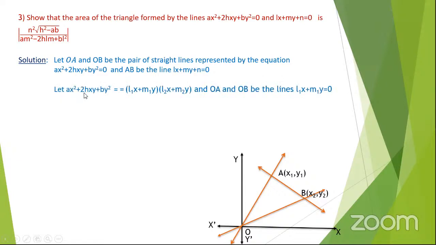Let ax² + 2hxy + by² = (L1x + M1y)(L2x + M2y), and let OA and OB be the lines L1x + M1y = 0 and L2x + M2y = 0 respectively.